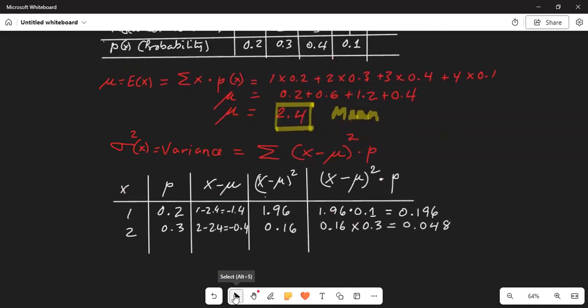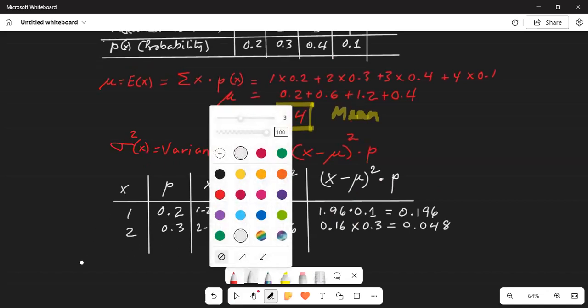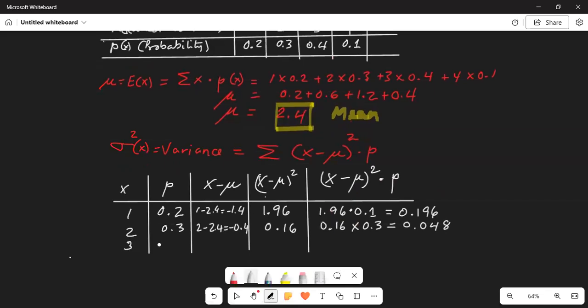Next one, 3, the probability is 0.4. 3 minus 2.4 is 0.6. Squared that is 0.36. Then multiplied by the corresponding probability. How did you get 0.6? Let me clarify and write it clearly so that there is no confusion.